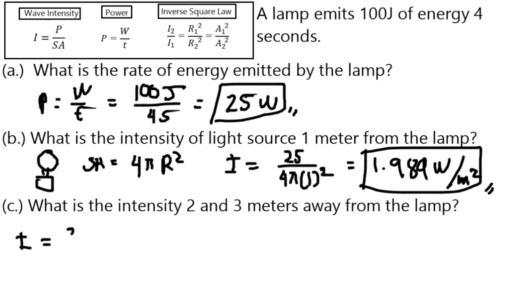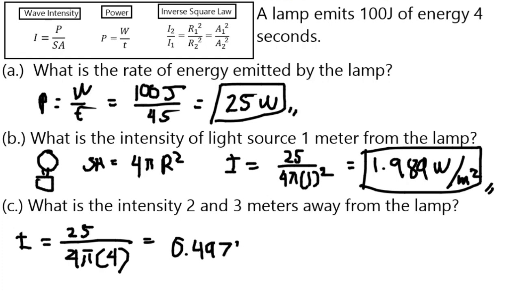What is the intensity 2 and 3 meters away from the lamp? This is just a demonstration, a visualization of the equation that we have earlier. I just plug in 2, and we have 0.49 watts per square meter.